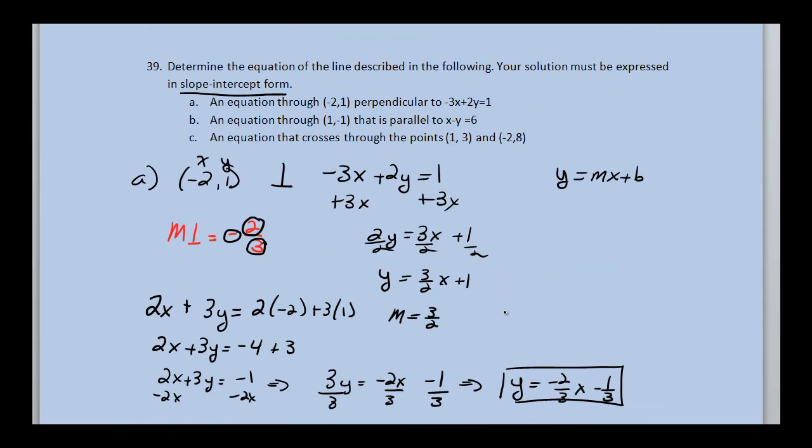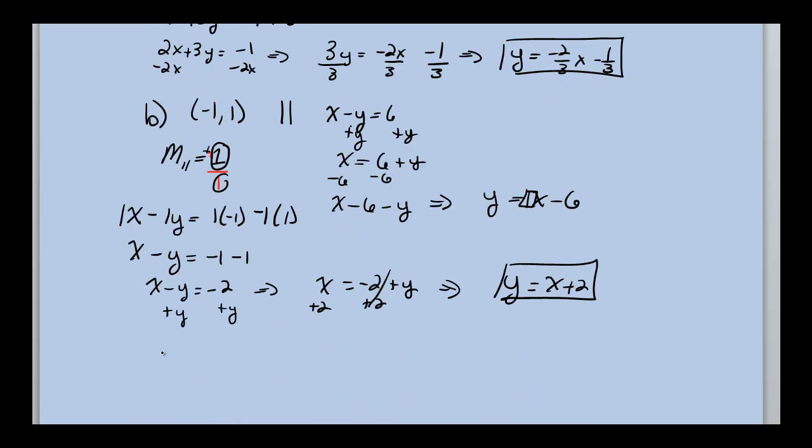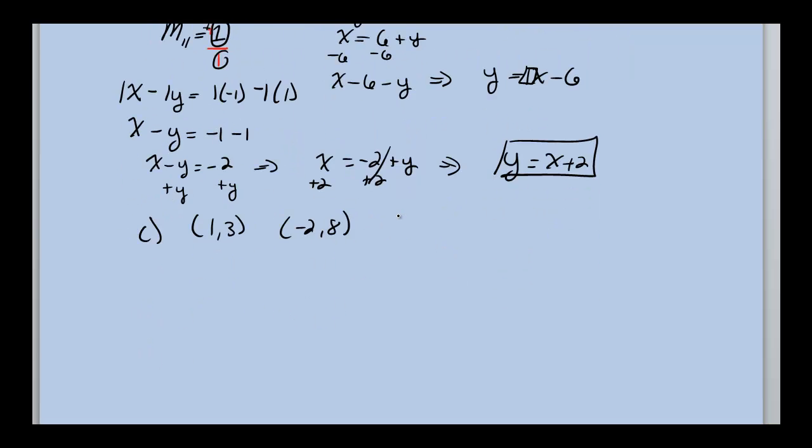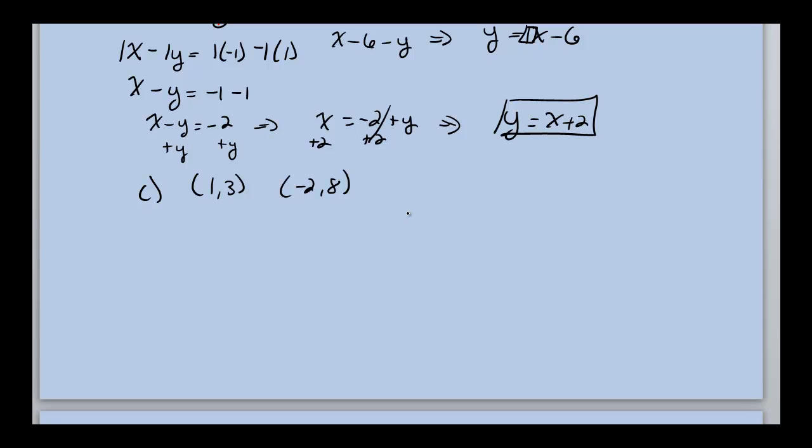And part C says we want an equation of a line that crosses through the points 1, 3, and negative 2, 8. So in order for us to write an equation of a line, we need both a slope and a point. In this circumstance, we were given 2 points. So we're going to have to resort to using our slope calculation formula, which is y2 minus y1 all over x2 minus x1.